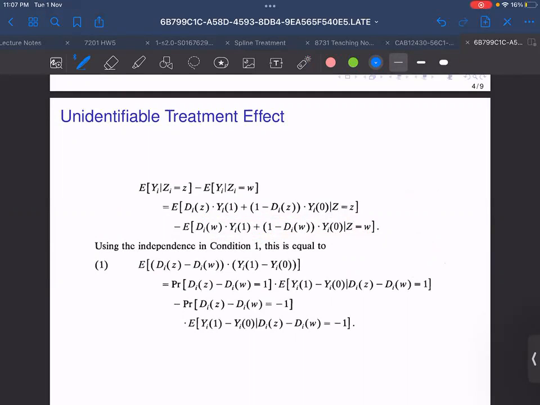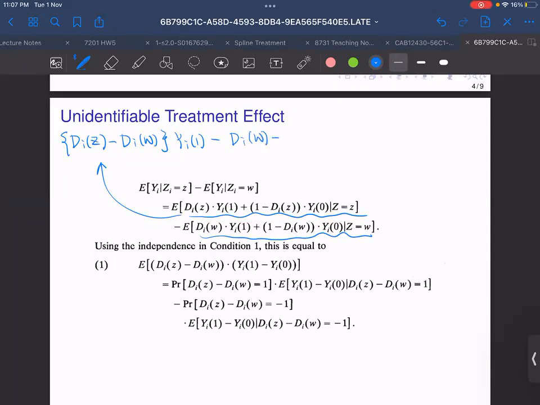You will see that these 2 terms, we can write as DIZ minus DIW. DIZ and DIW are the treatment status of individual i given their instrumental variable being 3 or 10, which I denote as Z and W here, because Z and W are more general than 3 and 10. But if you find Z and W a little hard to follow, you can just imagine it's 3 and 10. All right.